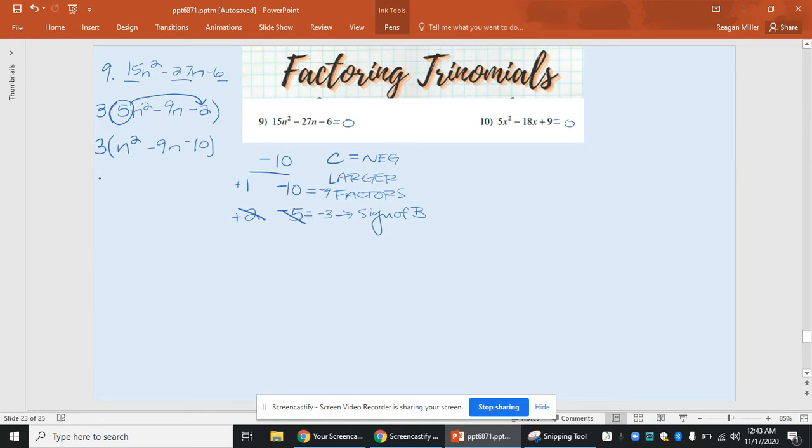Okay. So now I'm going to write it as two binomials. So you have n minus 10, which is here, and n plus 1, which is here. The next step, and I'm going to rewrite it so it's not so squished, is that you need to divide each of these numbers, the factors, by your A value.